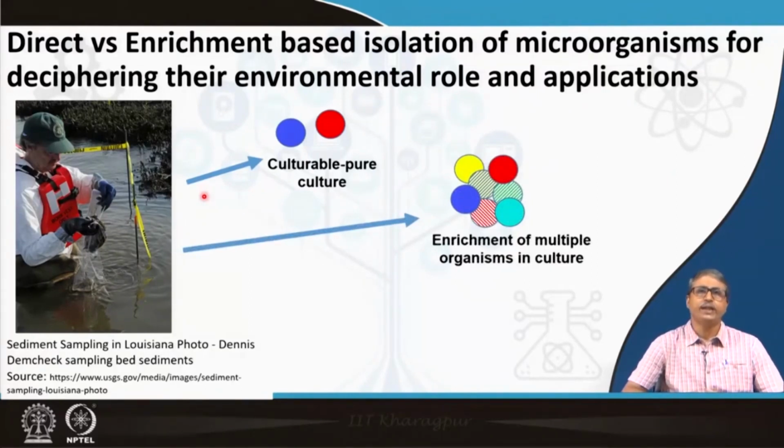Alternatively, we can have the enrichment based methods, and these are controlled by different substrates and different conditions, as dictated by the research question that we are trying to answer. So, for example, as I mentioned, for hydrocarbon degradation, the enrichment setup will be specific, whereas for heavy metal removal, the enrichment will be different.